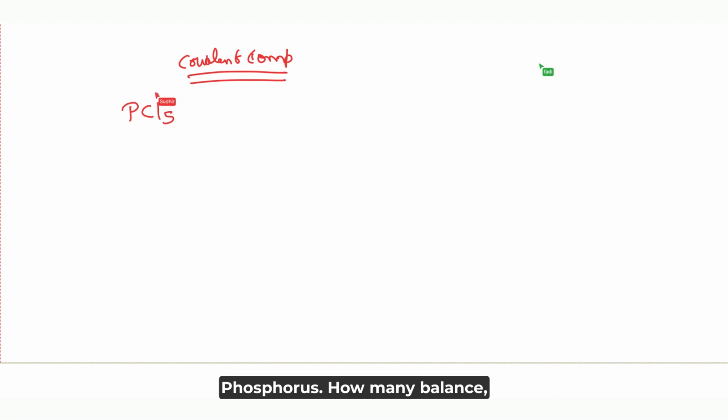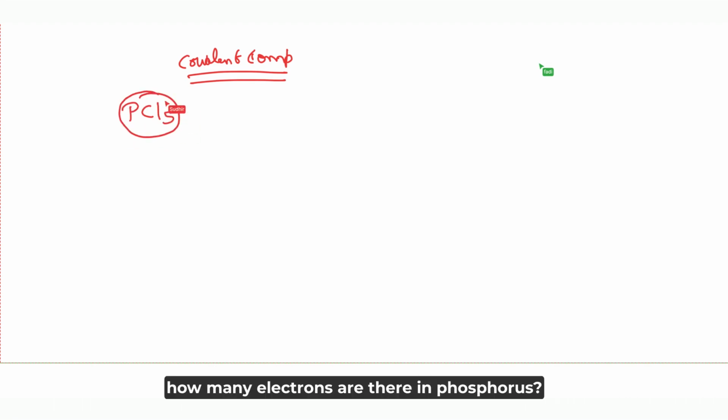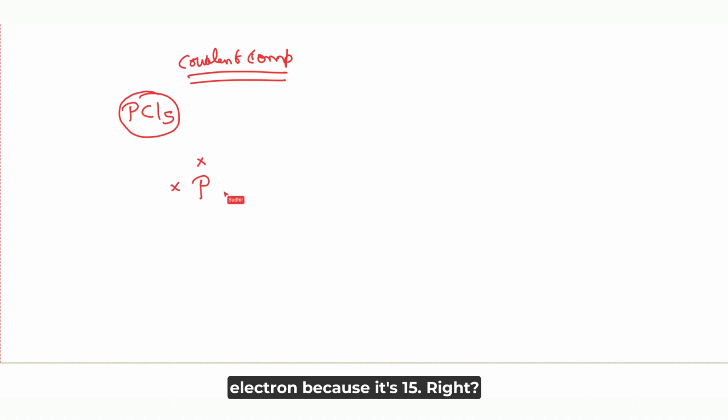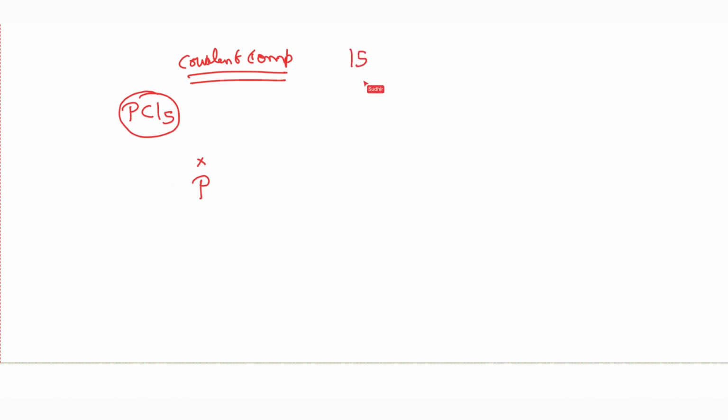Phosphorus, how many valence electrons are there in the outermost shell? Phosphorus has atomic number 15, so the outermost has five electrons.